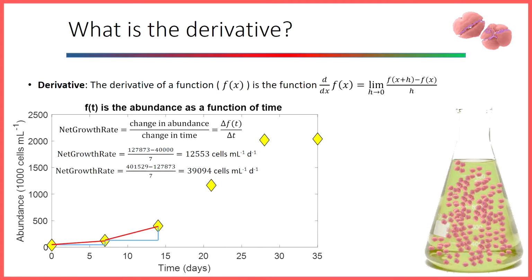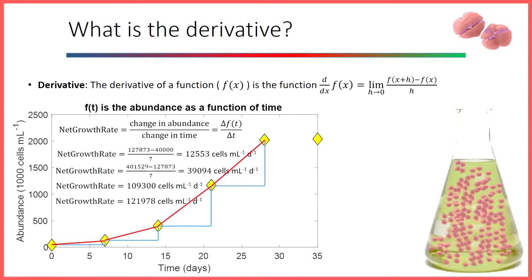For week 3, we do the same thing and calculate a net growth rate of 109,300 cells per milliliter per day. For week 4, we get 121,978 cells per milliliter per day, and for week 5, we get 2,787 cells per milliliter per day.